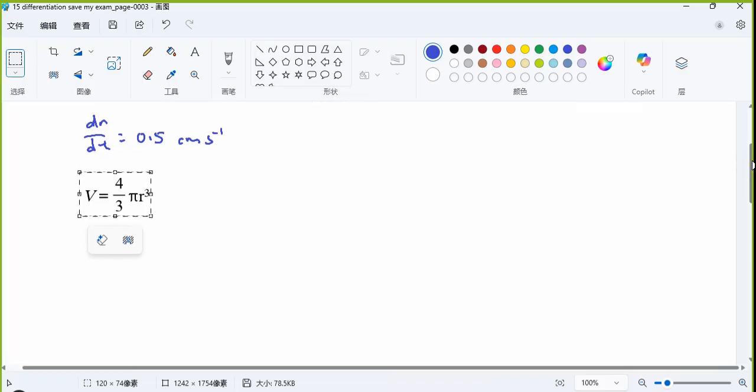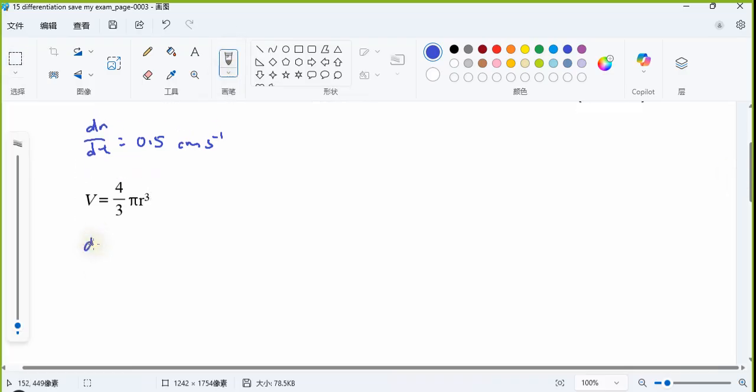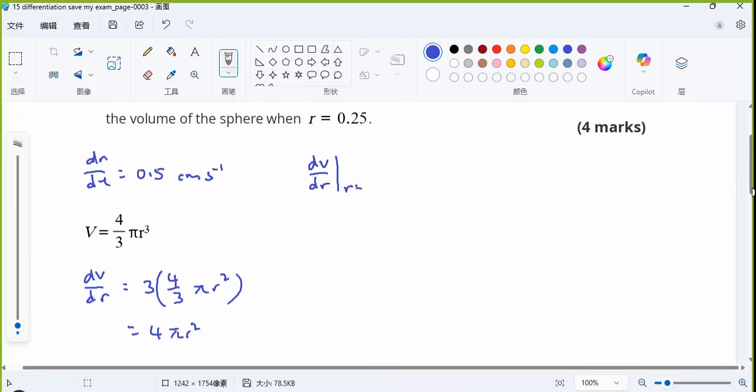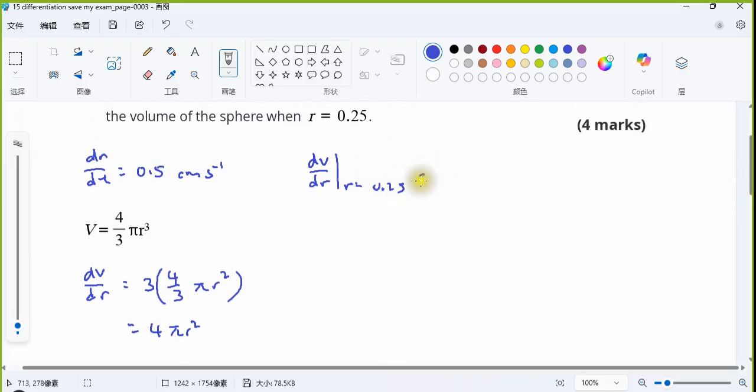So for this one, we have dV/dr is 3 times 4 over 3 pi r squared, so it will be 4 pi r squared. And dV/dr when r equals 0.25 is 4 pi times 0.25 squared. Okay, then 1 over 4, then we have pi over 4.